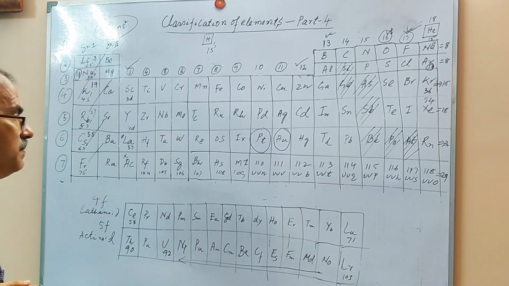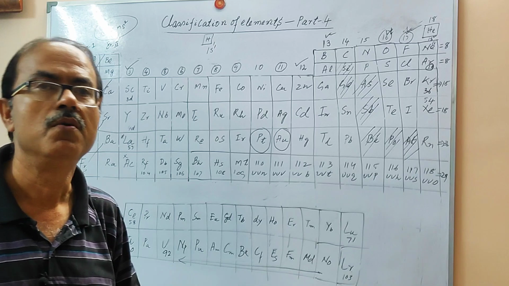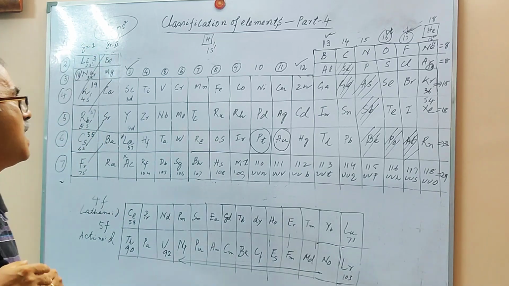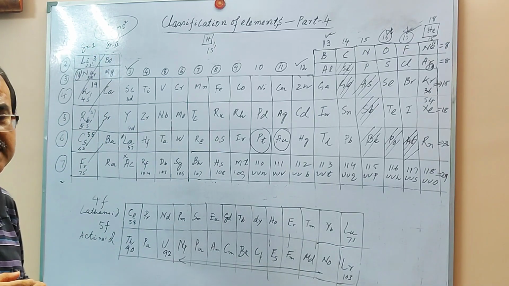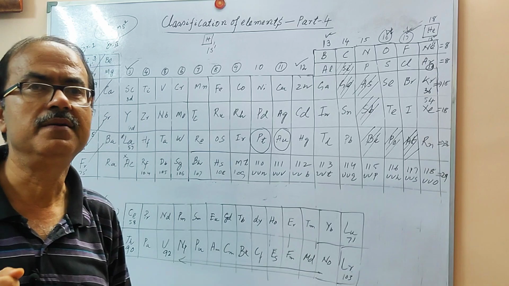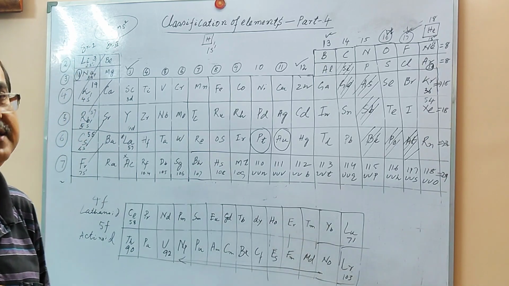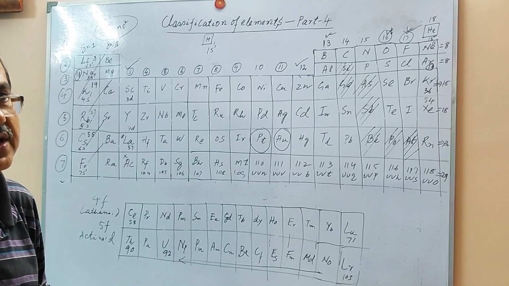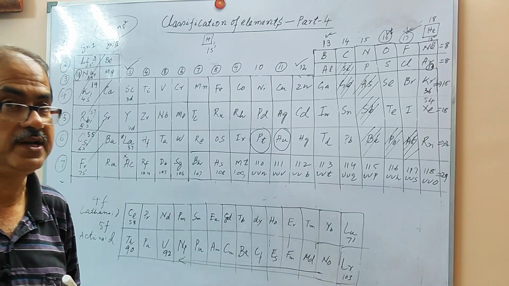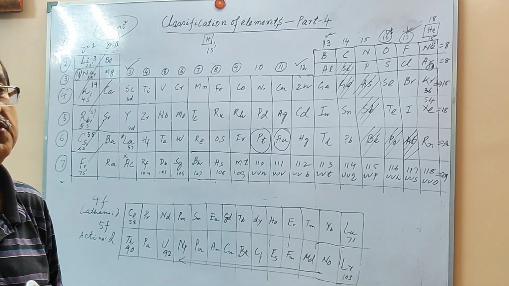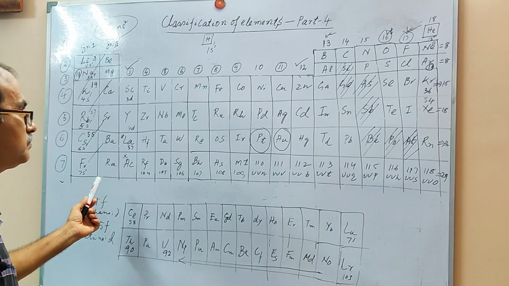Apart from lithium and beryllium, which are predominantly covalent, they are soft materials with low ionization enthalpy, and all these things we will discuss later when discussing periodic trends of the elements in the periods or in the groups.